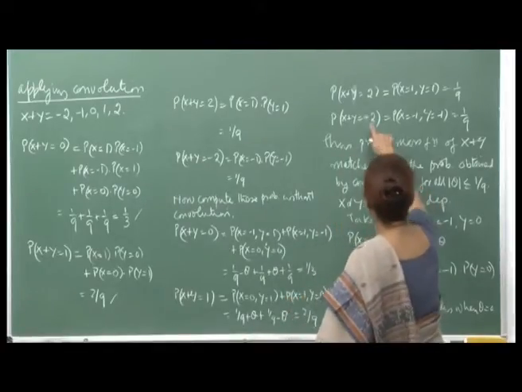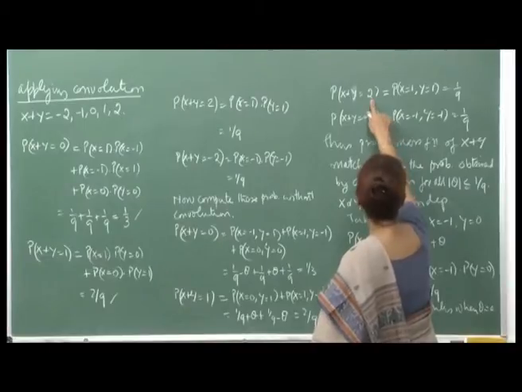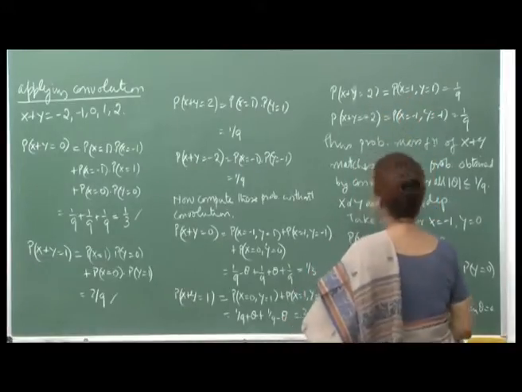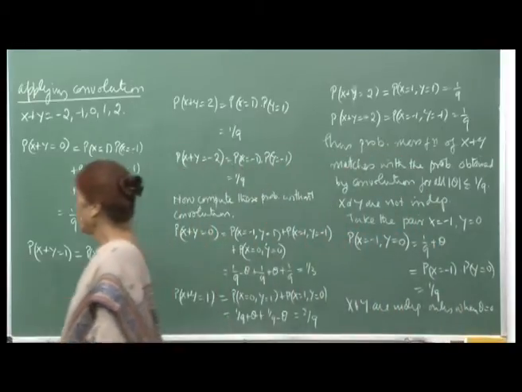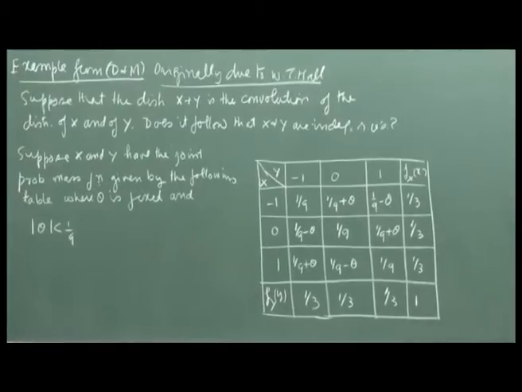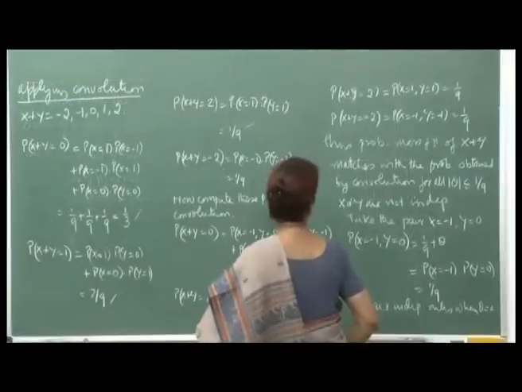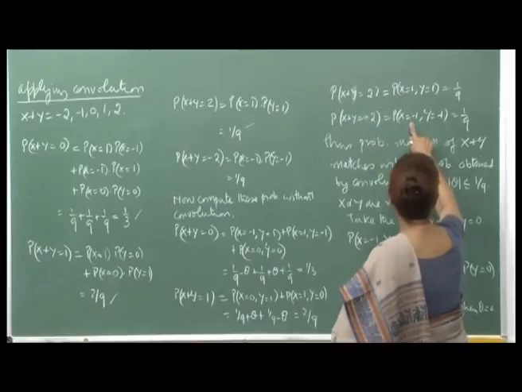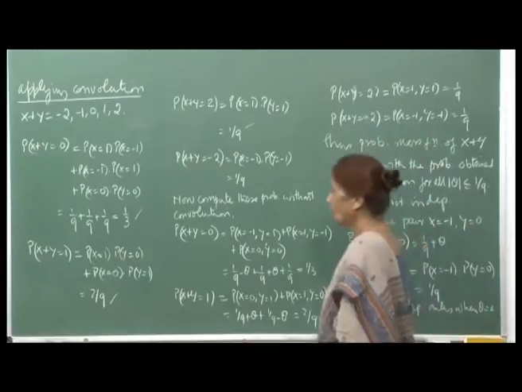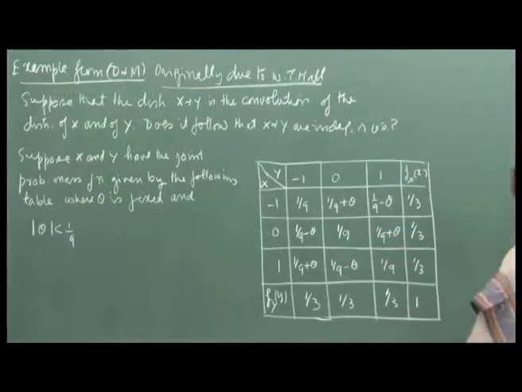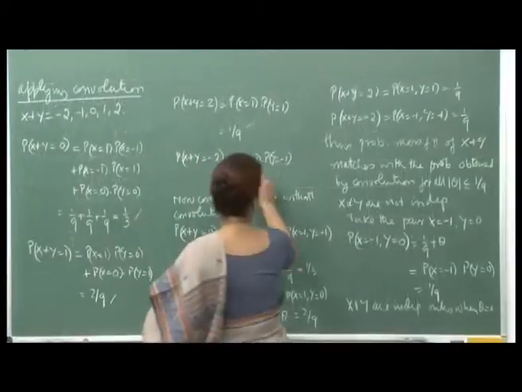Then x plus y equal to 2 will simply be the pair x equal to 1, y equal to 1, which is 1 by 9, and this also matches. And x plus y equal to minus 2 is x equal to minus 1 and y equal to minus 1, which is 1 by 9, and here also we got 1 by 9.